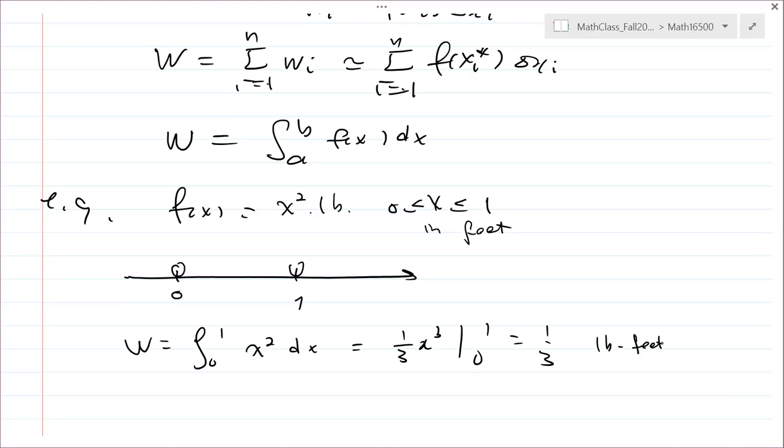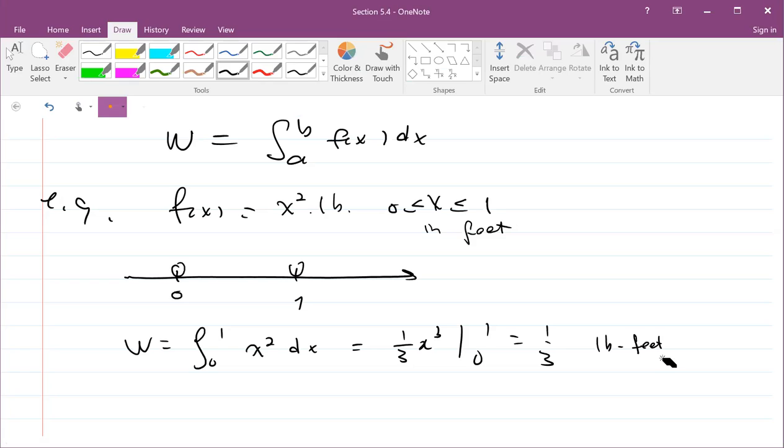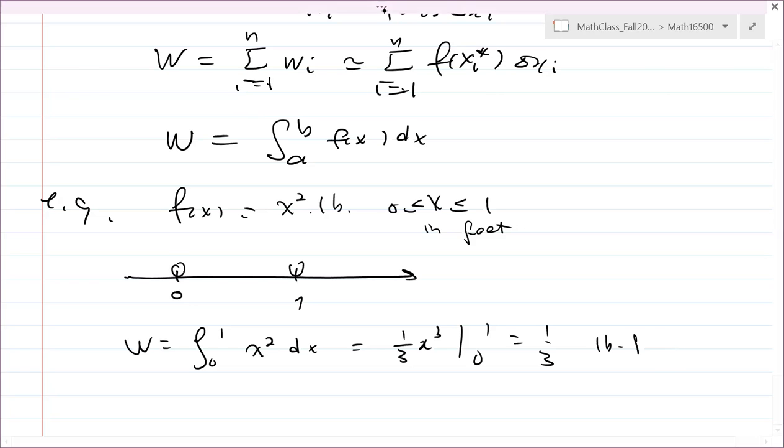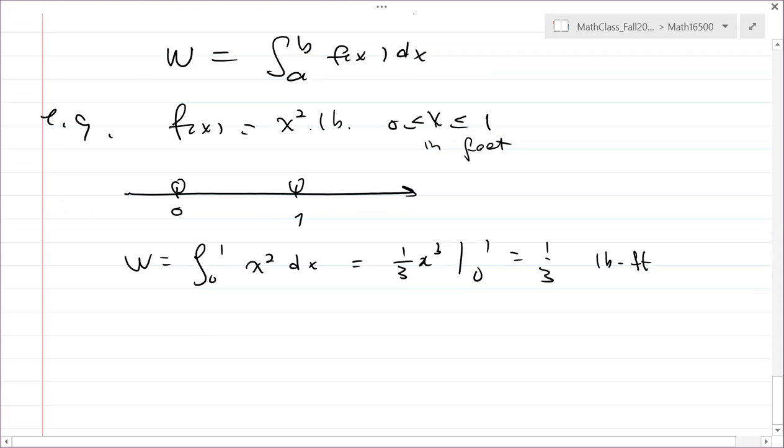This is a unit you can use. Make it simple. Okay, so that's it.